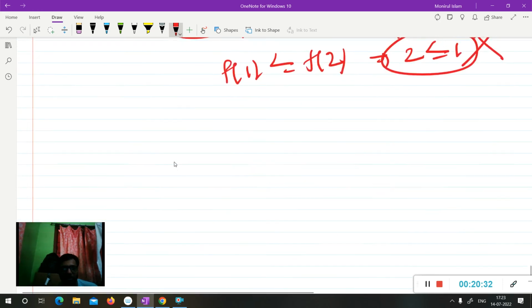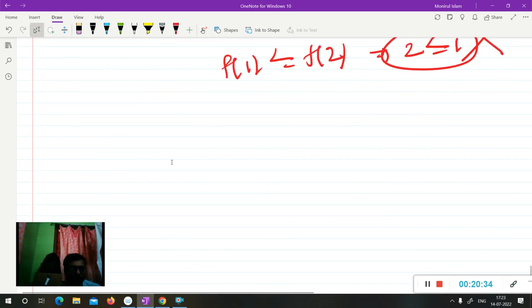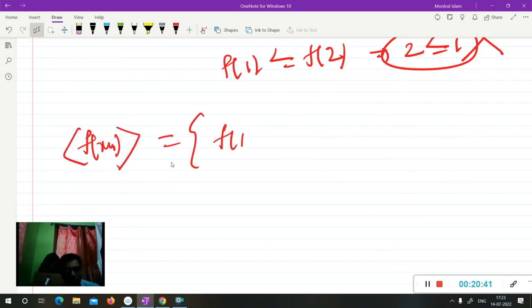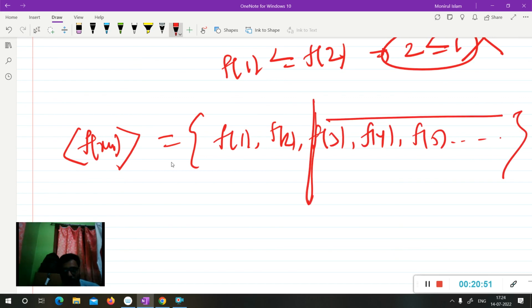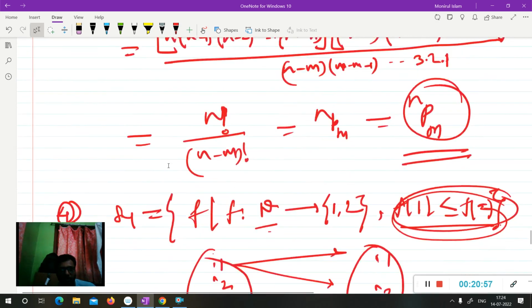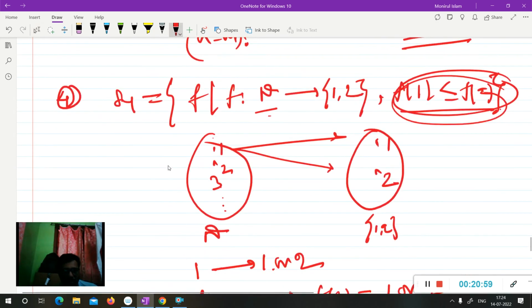So two cases arise. If you want to compute the images as a sequence f1, f2, f3, f4, f5 and so on, there is no restriction after the first two elements. f3 has 2 choices, either 1 or 2, similarly f4 has 2 choices.